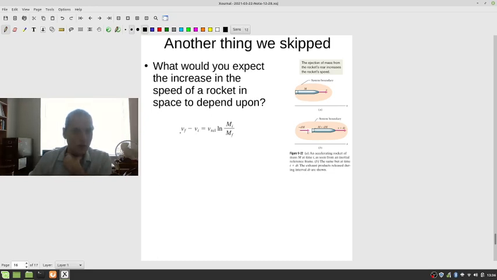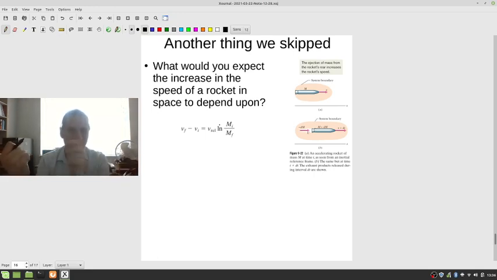So this is how much I have sped up my rocket by throwing stuff out the back. It depends on the mass initial and mass final of my rocket. I have to put mass out of the back because the momentum that way is going to be compensated by the momentum this way of the rocket. So if I'm going to get going, I have to shoot momentum out of the back.